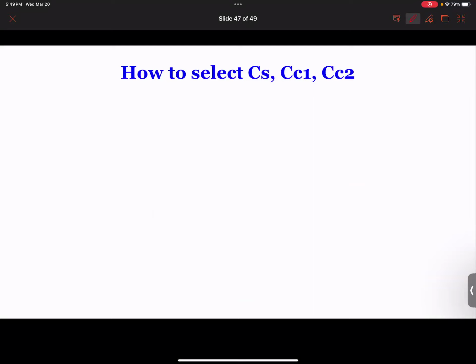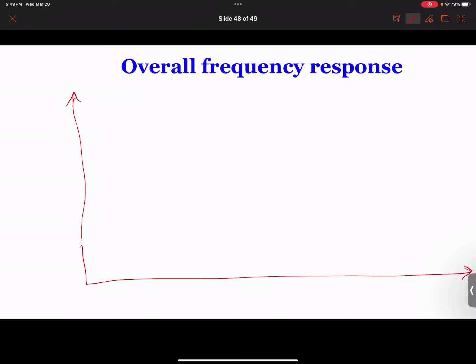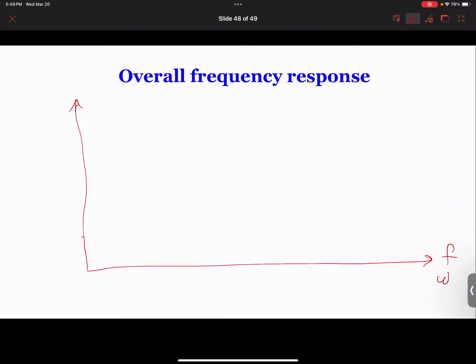So now let's look at, maybe I'll go back to this slide, but I want to come to this here first. So for the frequency response, if we draw the whole thing, now we have this. We have either omega or F. And then for the low frequency, we have 40 dB, 60 dB, 40 dB, 20 dB, and then here. And we have one pole, one pole, one pole, and 1 zero.